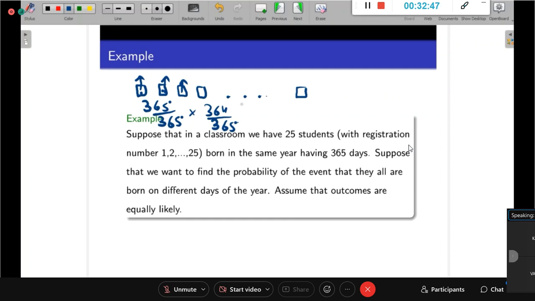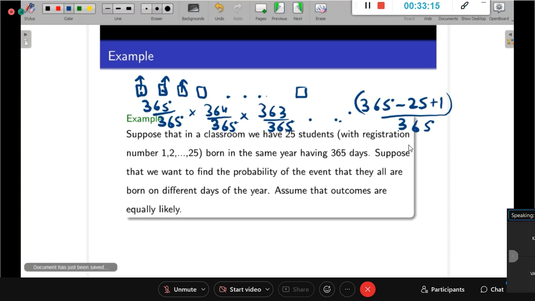So 2 are minus, right? 363 by 365. And so on. So what you have is 365 minus 25 plus 1 divided by 365. That's it. This is the possibility here.